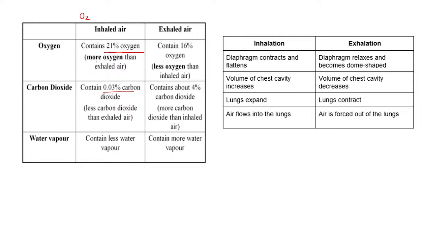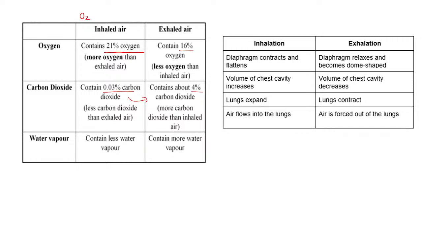But the percentage of oxygen in inhaled air is much more than in exhaled air. The exhaled air contains just 16% oxygen, which is very less compared to the inhaled air, whereas it contains 4% carbon dioxide, which is more than in the air we inhale. During inhalation, the amount of carbon dioxide is less.